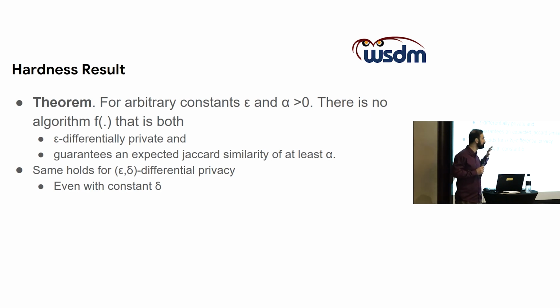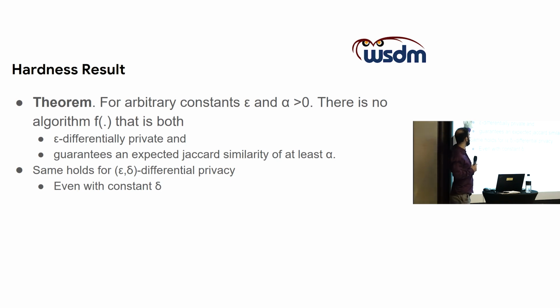We use Jaccard similarity for this similarity measure. Jaccard similarity looks at how many items you change and divides it by the total number of items. But it actually doesn't matter what similarity measure we are using here. If you use cosine similarity or Hamming distance, they are going to end up the same. So in the worst case, it's not possible to do this with differential privacy. If we let this epsilon go very large, to something like n, then this is possible.